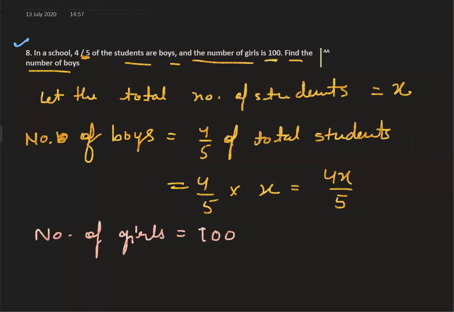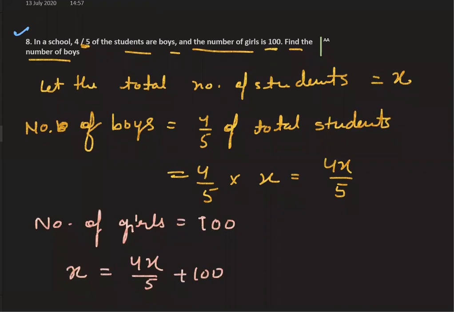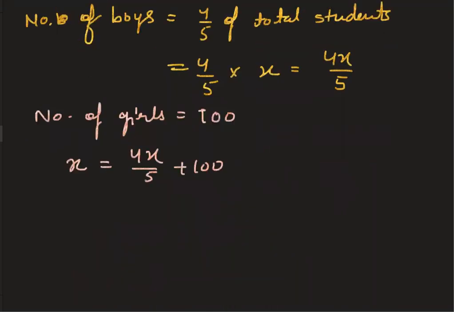हम इक्वेशन क्या बना सकते हैं? यहाँ पर इक्वेशन बना सकते हैं x means total number of boys and girls, which is x, is equal to number of boys, which is 4x/5 and number of girls, which is 100. तो देखो हमारे पास ये इक्वेशन आ गई है, x is equal to 4x/5 plus 100. इस इक्वेशन को सॉल्व करेंगे. 4x/5 को इधर शिफ्ट करेंगे तो x minus 4x/5 is equal to 100.